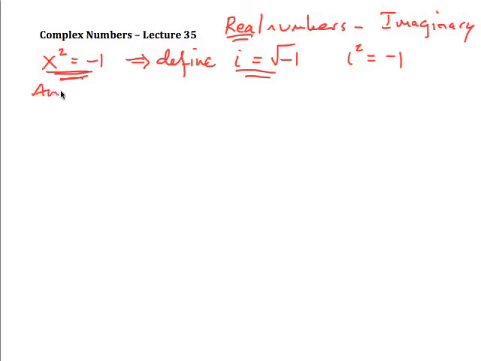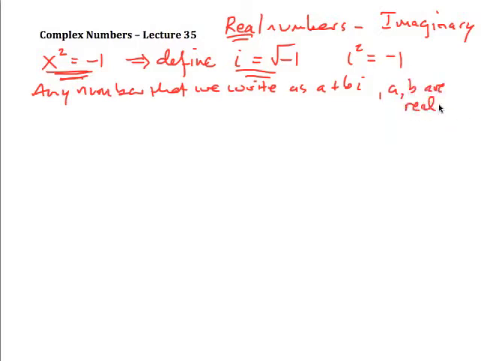And so any number that we write as a plus bi, where a and b are real numbers, is what we call a complex number.